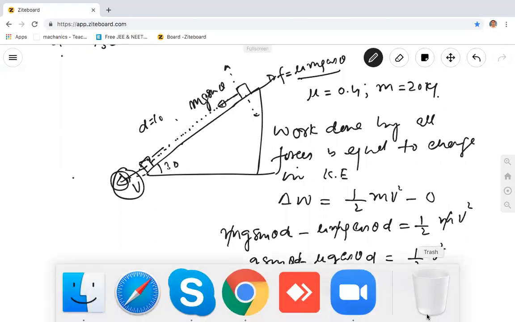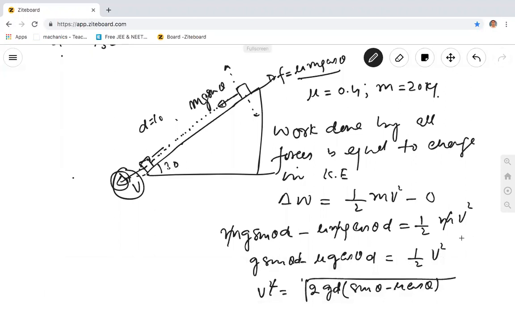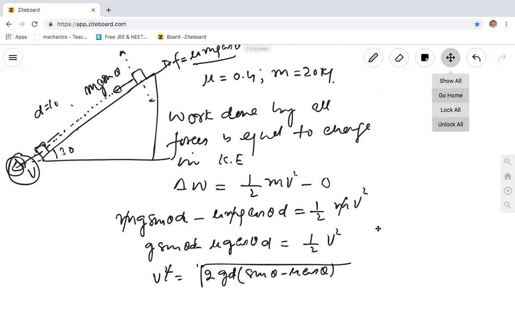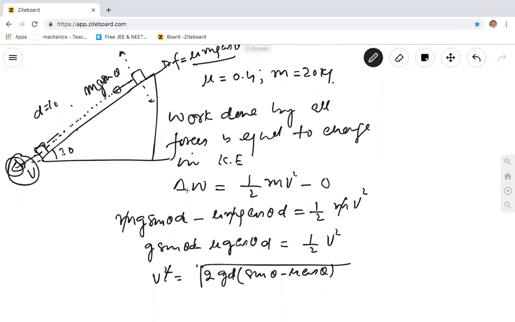Do you understand anything? I don't think so. I just derived it before. Okay, you see, right now.